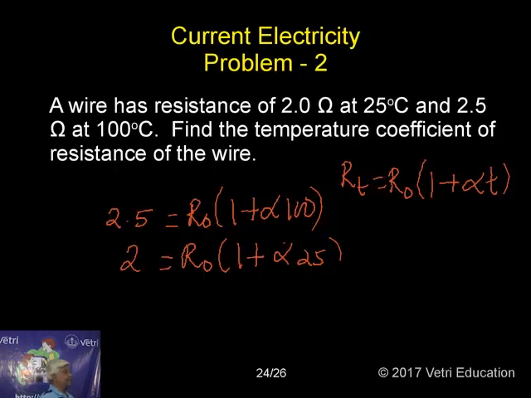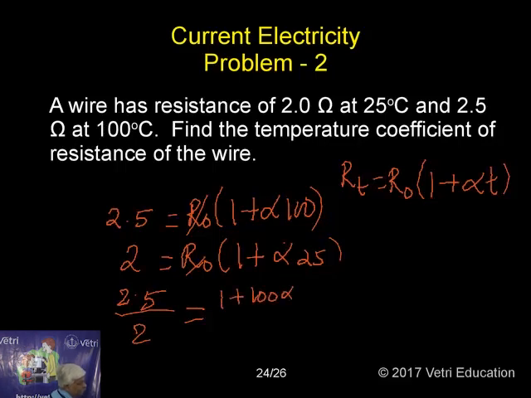Then dividing these two equations, what happened? 2.5 divided by 2, and R0 gets cancelled: 1 plus 100 alpha divided by 1 plus 25 alpha.